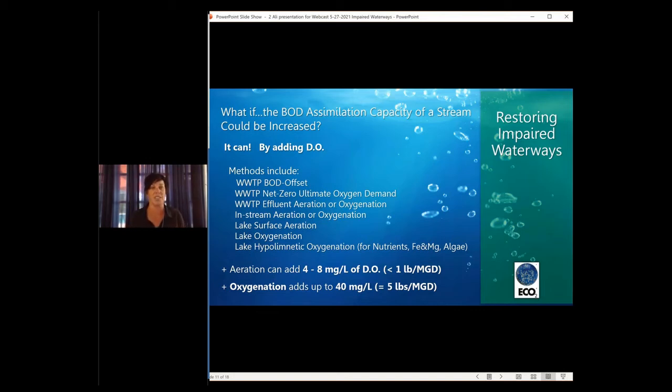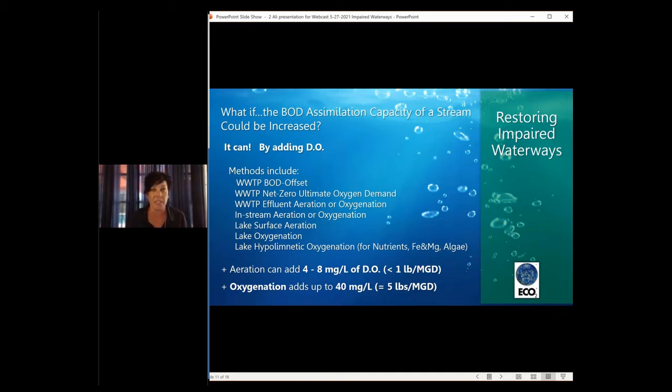You can increase the BOD assimilation capacity of a limited stream, and those methods have been called BOD offset, net zero ultimate oxygen demand. These are terms in different states. Many folks would recognize the term effluent aeration, post aeration, or effluent oxygenation.